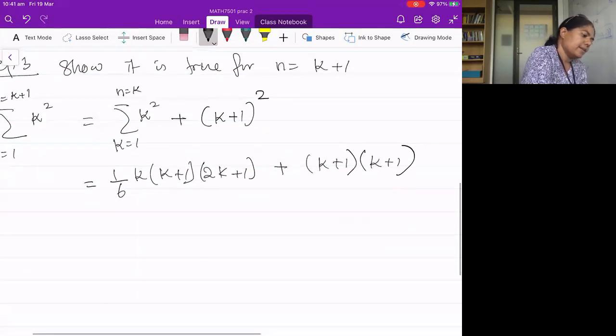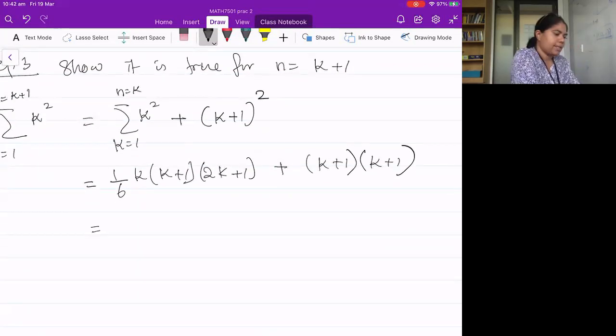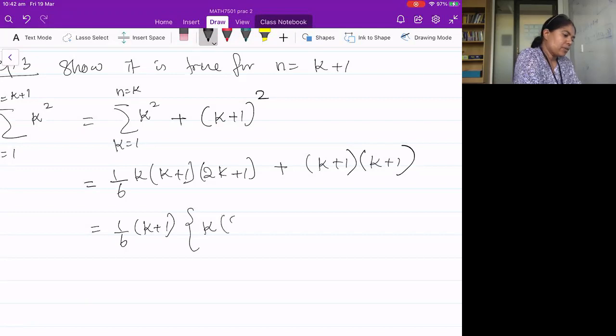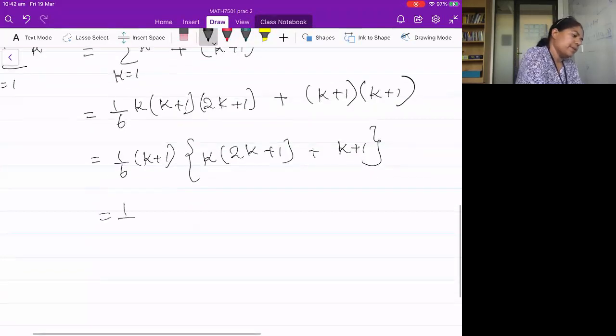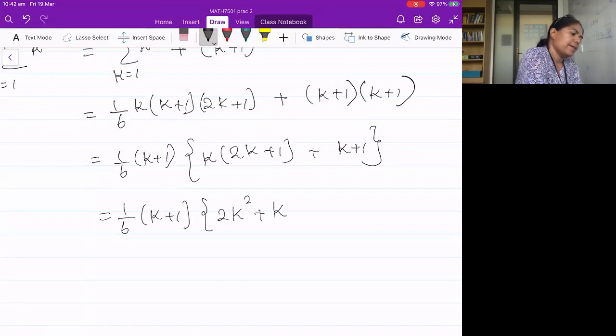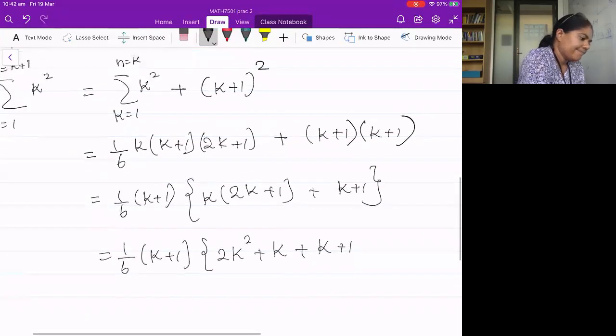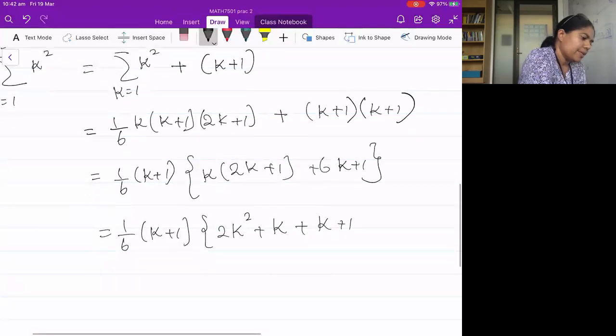We can expand this. I'll take 1 by 6 and k plus 1 is the common factor. What is remaining is k times 2k plus 1 plus k plus 1. Oh, something is wrong. That should be 6 times.